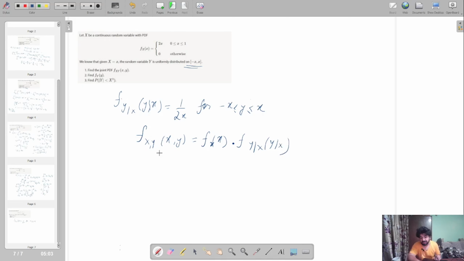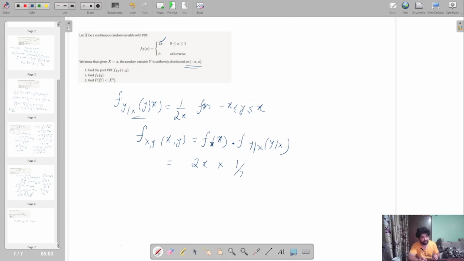If we solve this, then we will have exactly what the joint PDF is. I can substitute the value given for f_X, which is 2x. So I can write 2x, and we just found 1/(2x) for y ranging between minus x to x for a uniform distribution.